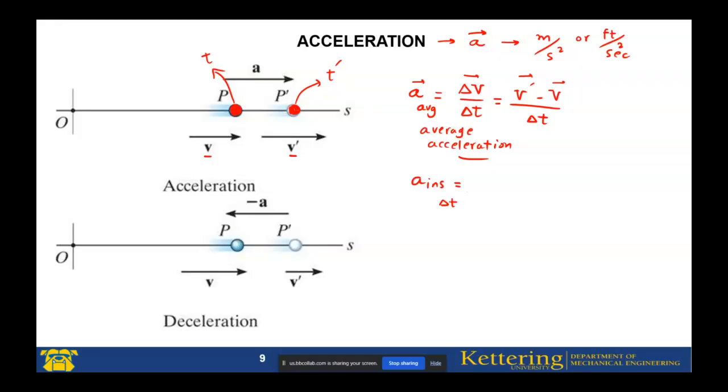If delta t approaches zero or becomes very, very small, or t prime is approximately equal to t, we can find the instantaneous acceleration by finding the derivative of velocity with respect to time. This one is called instantaneous acceleration.